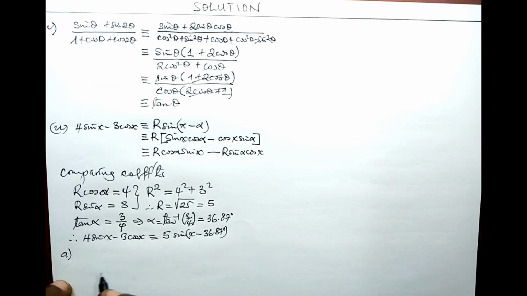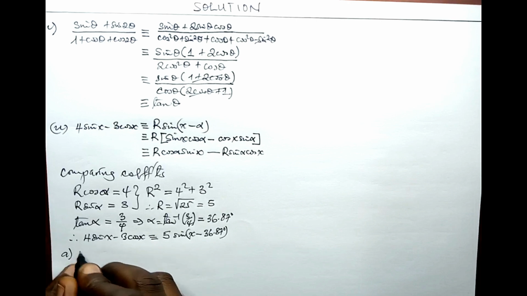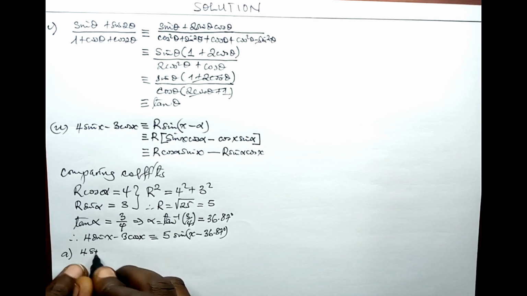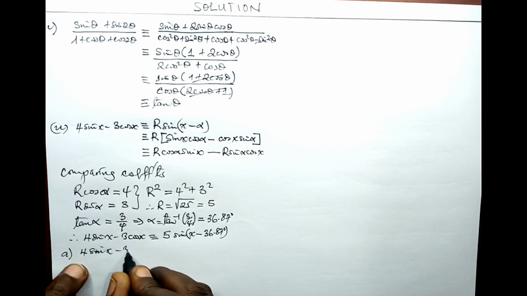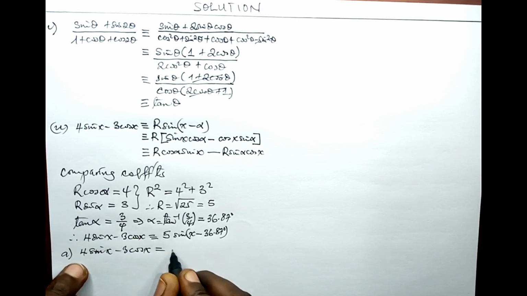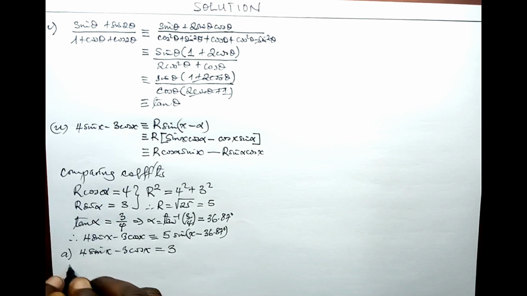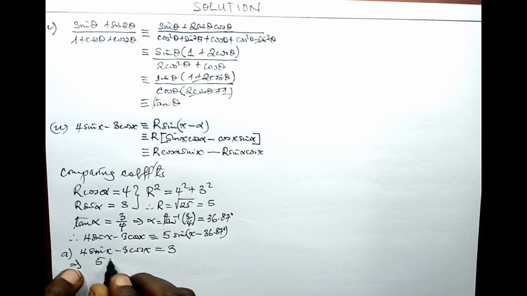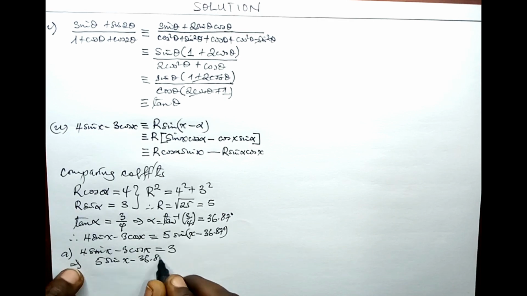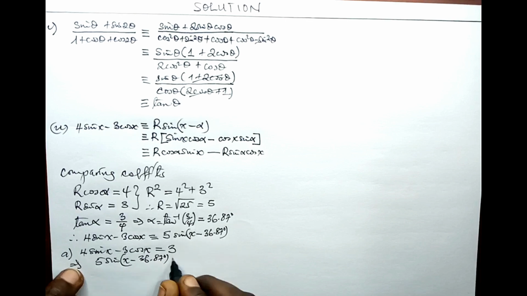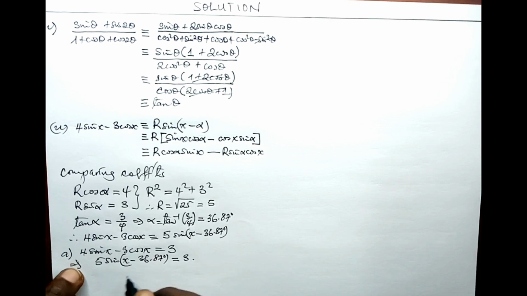So in the A part, we would now talk of 4 sine x minus 3 cos x being equal to 3, as 5 sine x minus 36.87 degrees being equal to 3. So that sine of x minus 36.87 should be equal to 3 all over 5.